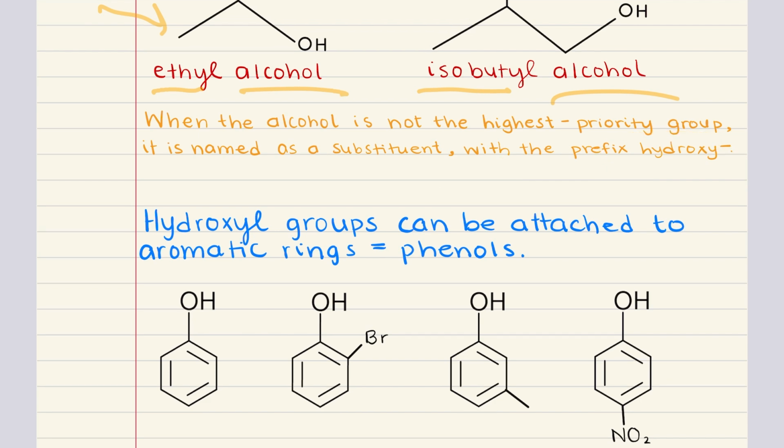For example, if a compound contains both a hydroxyl group and a carboxyl group, the carboxyl group dictates the name, and the hydroxyl group is treated like a substituent. So it's referred to with the hydroxy prefix rather than being the primary functional group in the name.